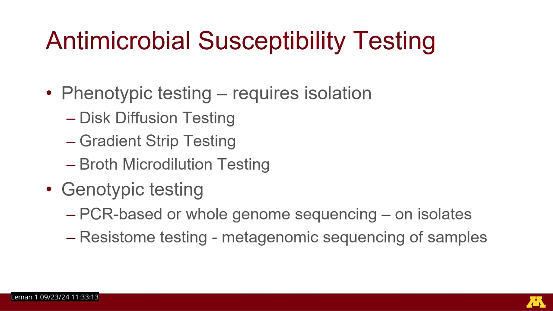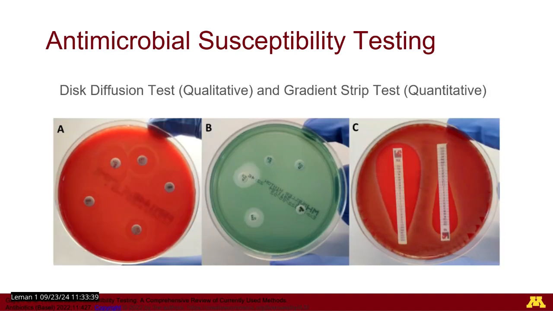And then there is still a developing field, resistome testing, and that's looking at the original materials or that fecal sample to figure out which resistance genes might be present. The applicability of this to what that means for you as a practitioner or me as a diagnostician, how that impacts what type of treatment decisions you need to make is still kind of up in the air, but that is out there as far as things that can be done.